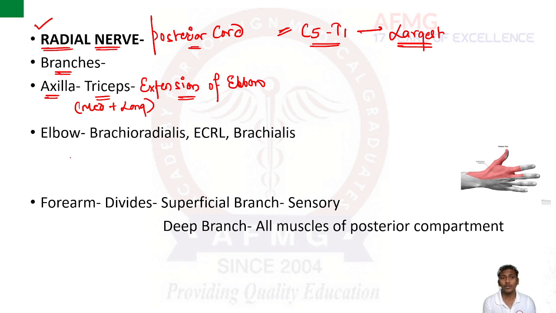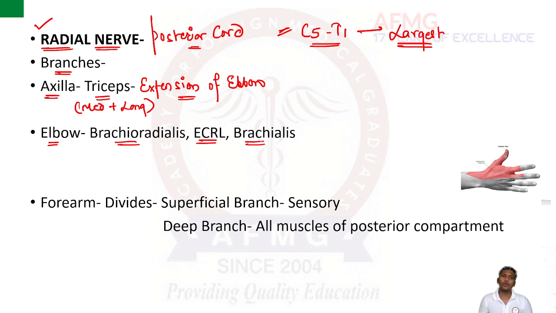Next, the radial nerve then goes behind your lateral epicondyle, and at the level of the elbow, it gives away 3 branches. These 3 branches innervate, first, your brachioradialis muscle, second, your extensor carpi radialis longus muscle, and third, your brachialis muscle.